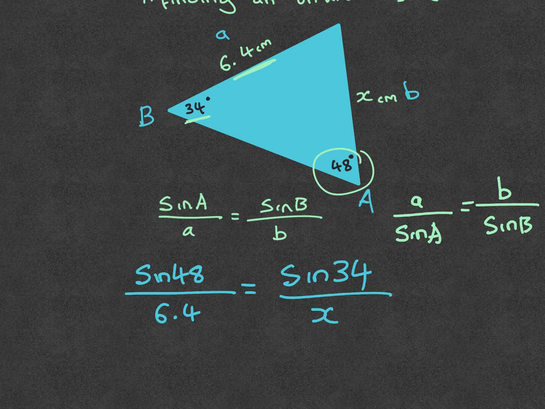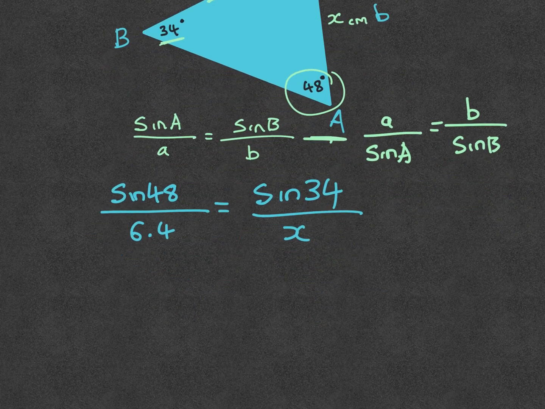What you're looking for with which of these two to use is what unknown you're trying to find. In this case, we're trying to find the length of a side. So we want the sides to be on top of the equation. This makes it easier for us to rearrange. So I'm going to rewrite this equation with the sides on top.